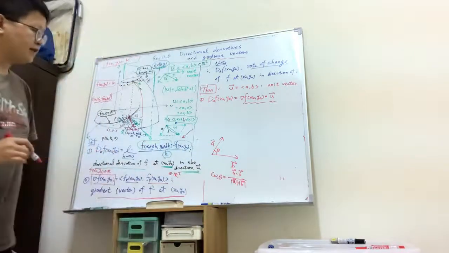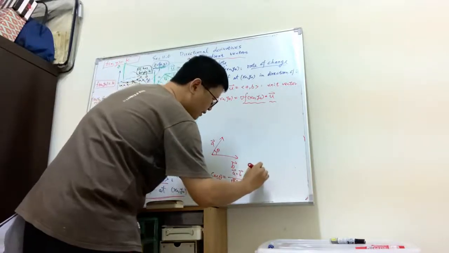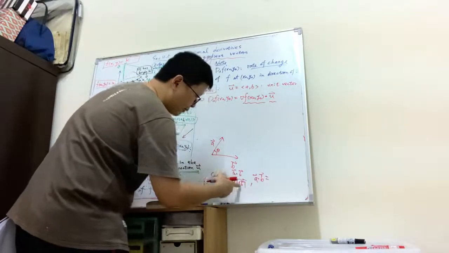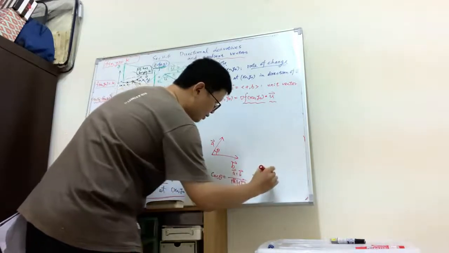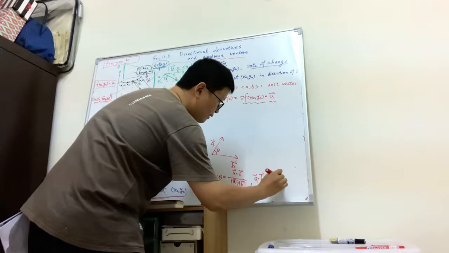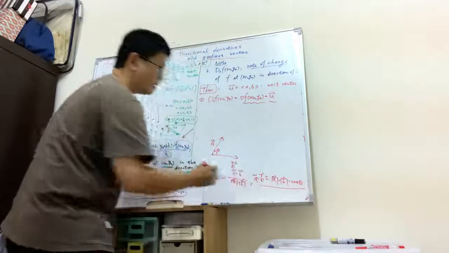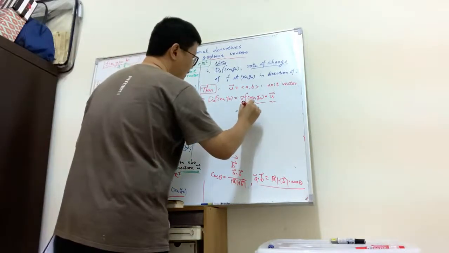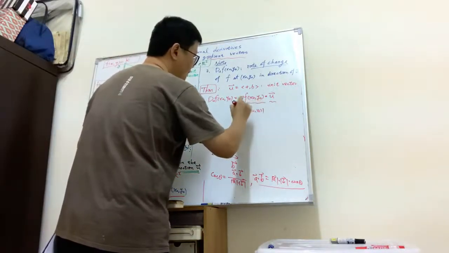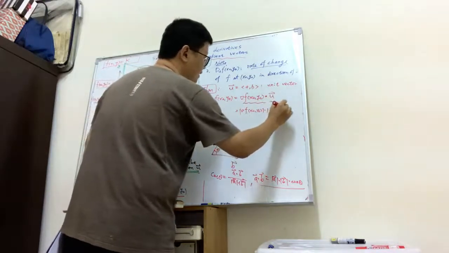In other words, their inner product equals the product of their lengths times cosine theta. So it becomes the gradient f(x0, y0) dotted with the unit vector u, which is the length times cosine theta.